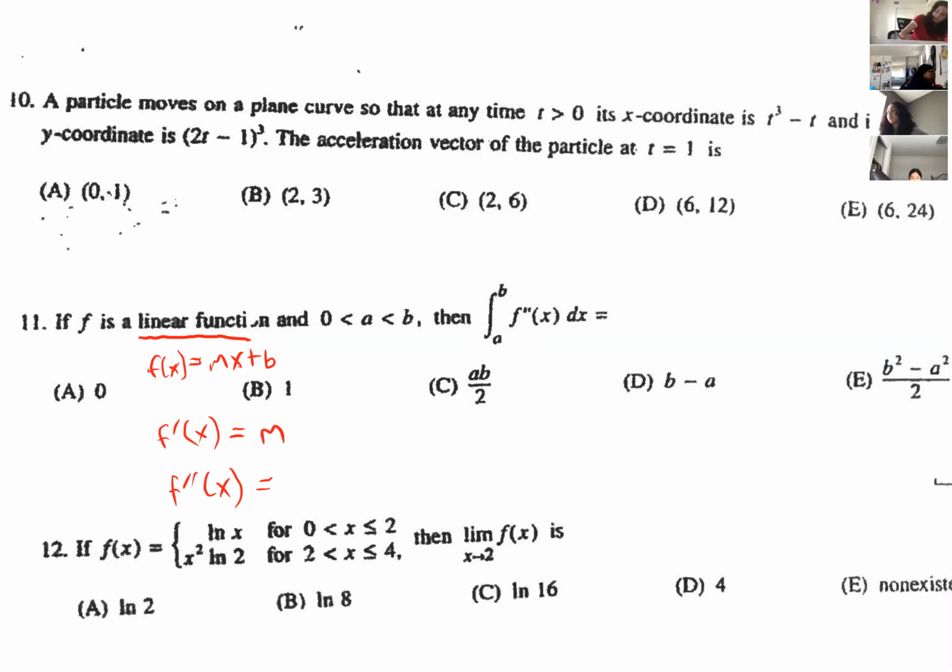So that means I'm taking the integral from a to b of 0. What's the integral of 0? Anyone? 0. It doesn't matter because there's no rectangles if it's just 0. So the integral of 0 is just 0, so the answer is A.